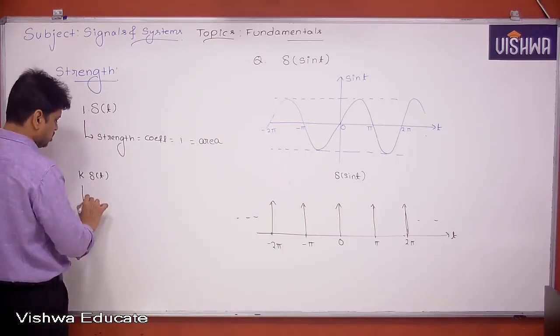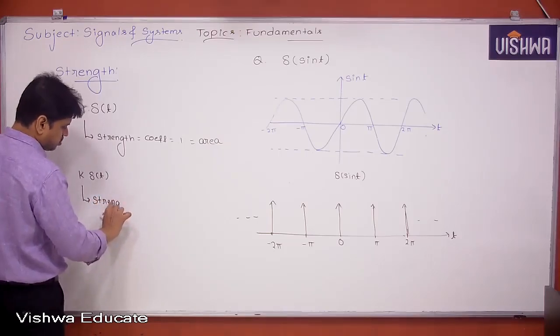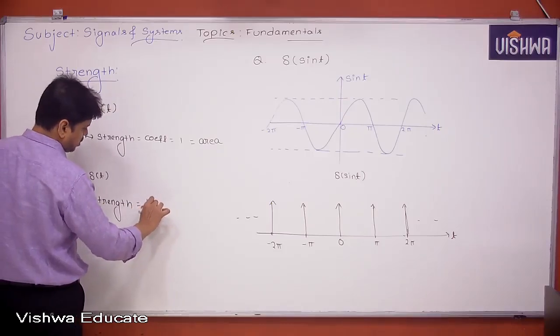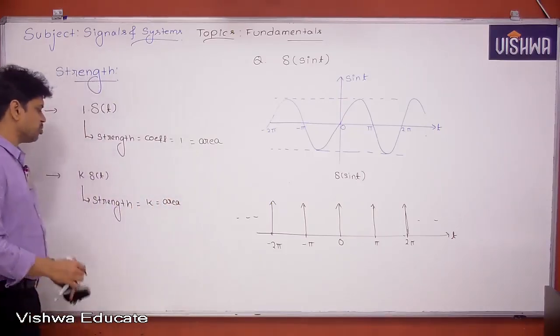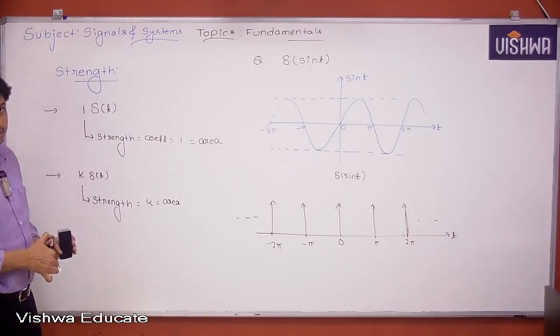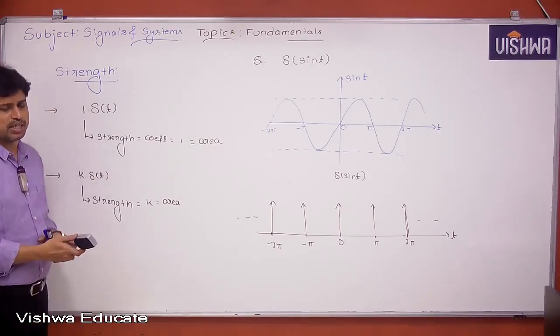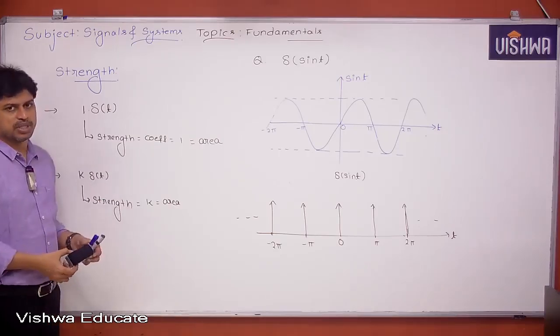So remember, many people get confused about what k is. Many people will simply say amplitude, but that is not the amplitude in this case, that is nothing but the area under the impulse function.